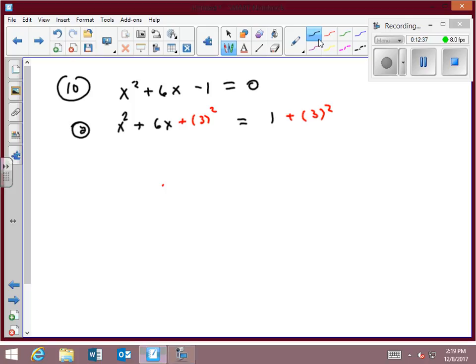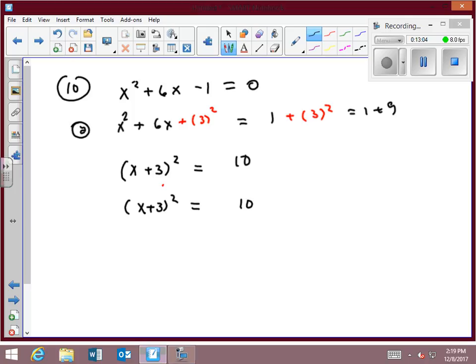Now then the left-hand side is a complete square. x plus 3, the quantity squared, equals, and on the right, that's 10, isn't it? It's 1 plus 9.